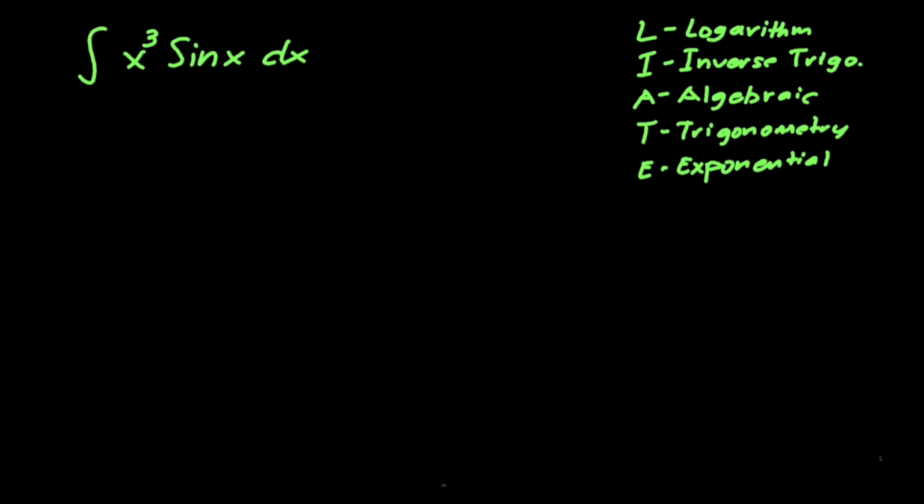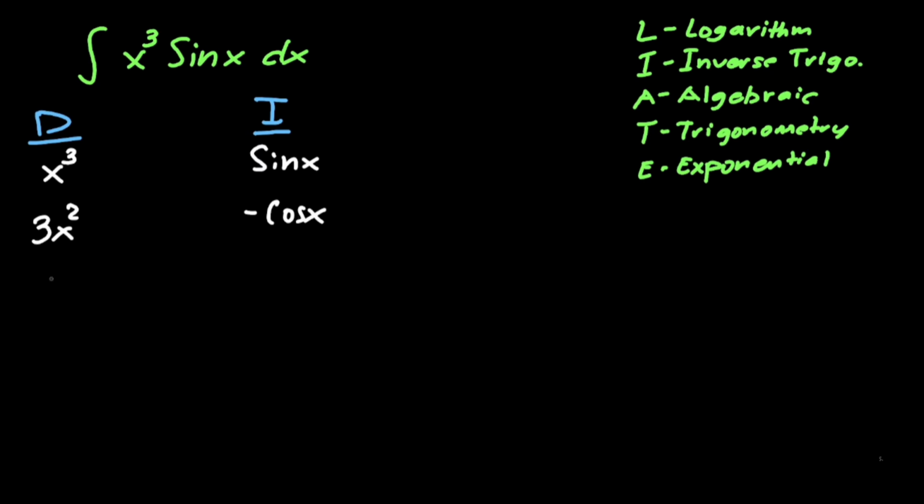Let's try this. The integral of x cubed multiplied by sine of x dx. No, there is no logarithm, there is no inverse trigonometric, but there is algebraic, which is x cubed. So under integral, it will be sine of x. Derivative of x cubed is 3x squared. The integral of sine of x is negative cosine of x.